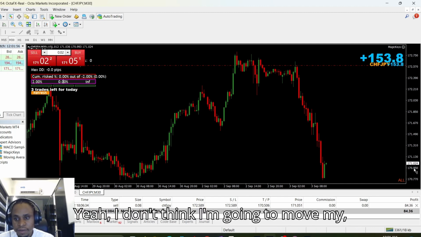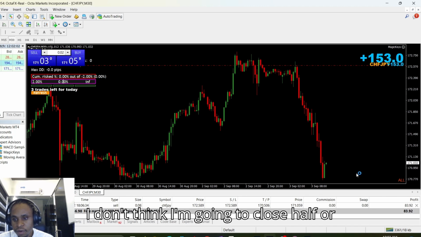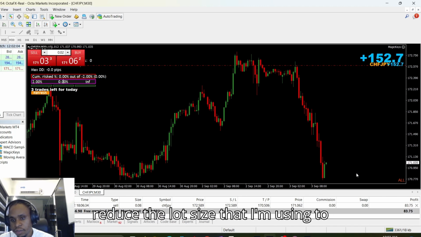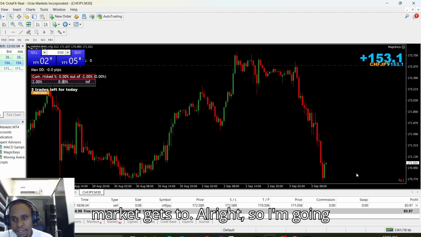I don't think I'm going to close half or reduce the lot size that I'm using to trade. I'm going to leave it open like this and we're going to see where the market gets to.